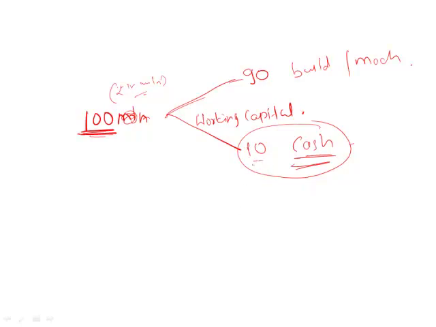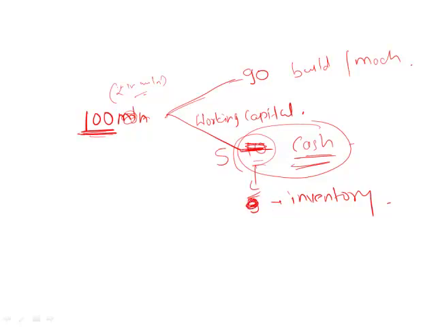But this 10 will not always remain in cash because you have to use it somewhere. So now let's say that out of this 10 you decided that I will purchase raw material of 5. So now your cash is only 5 and you have inventory of 5. You would process this inventory sooner or later and then sell it.